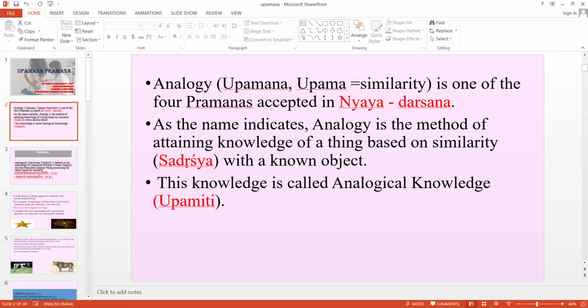The knowledge obtained through Shabda Pramana is called Shabda. So the true knowledge is called Prama. Prama are of four types: Pratyaksha Prama, Anumiti, Upamiti, Shabda Prama.